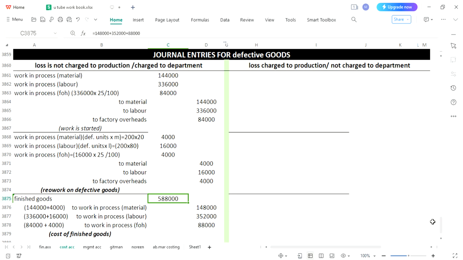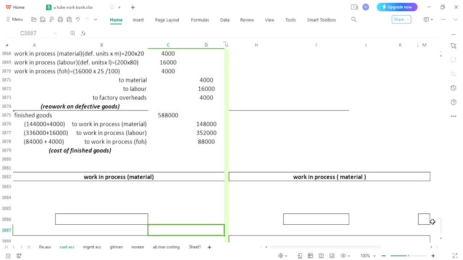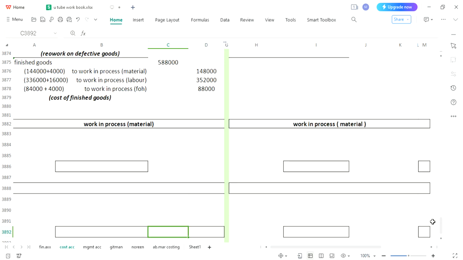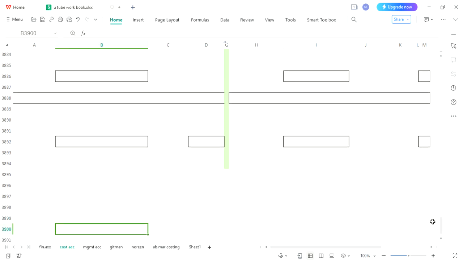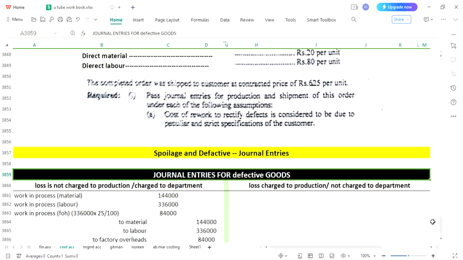So your left side has been completed, and in this way you have completed it without making ledgers, but I am desperate to make ledgers. For this I will have to change this phenomena, and then our journal entries would be disturbed.